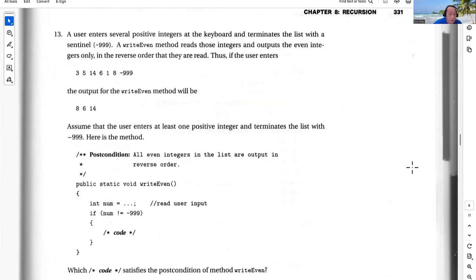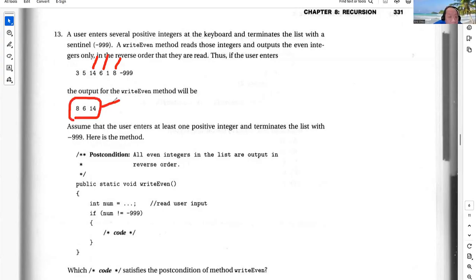Number 13, let me have 11. I think they want to read the integers until it sees -99.